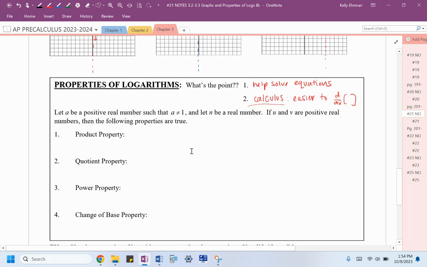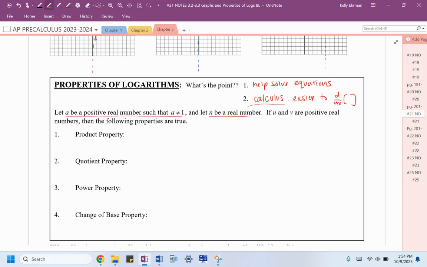All right, so for all of these properties, let A be a positive real number such that A is not equal to 1, and let N be any real number, and U and V are positive real numbers. Here's our first product property.